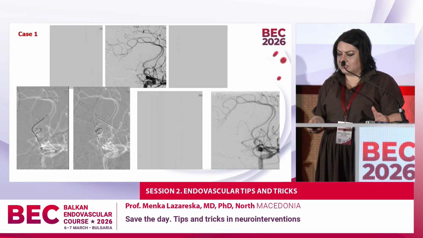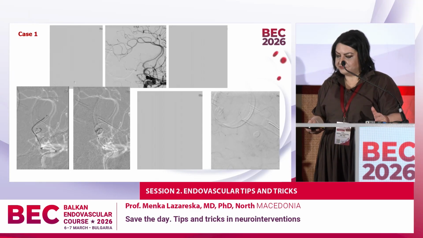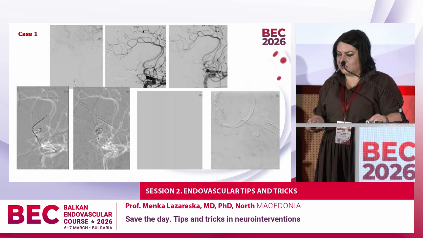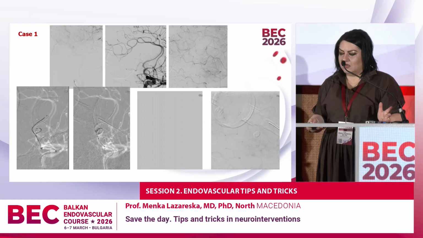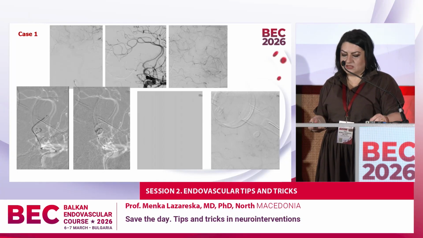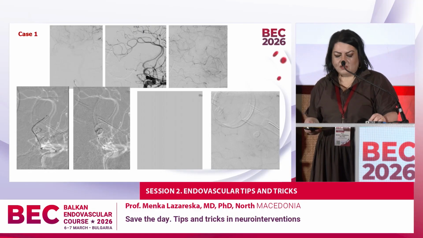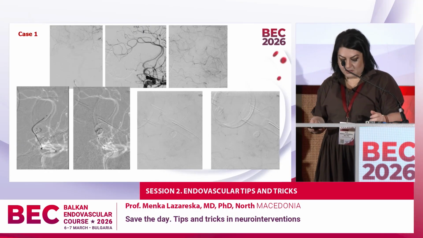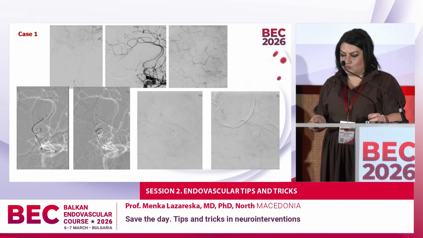This is a case with simple coiling of a ruptured ACOM aneurysm, where after dense filling we can see a little protrusion of the coils in the A2 from the right side, and thrombus formation.